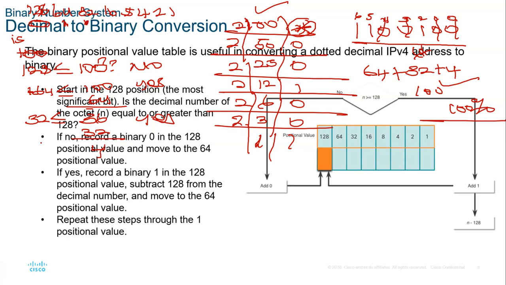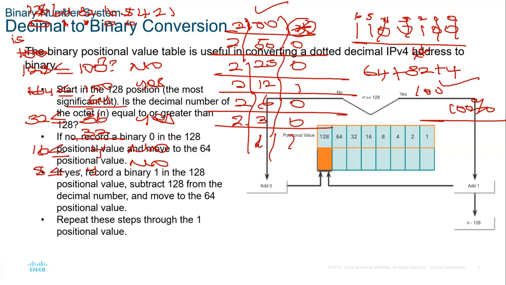You go to the next, 16. Is 16 less than or equal to 4? The answer is no. No action there. You go to the next one. Is 8 less than or equal to 4? The answer is no. Where we have no, if the condition is false, you record 0.